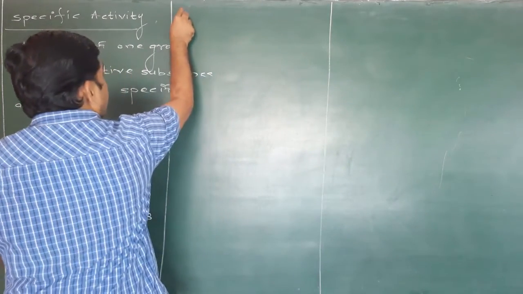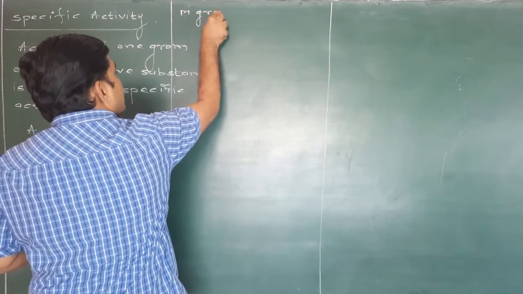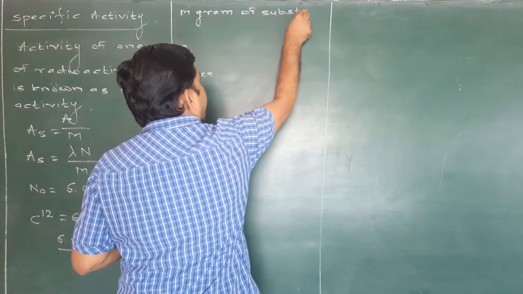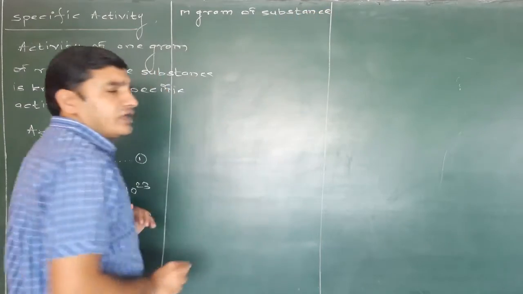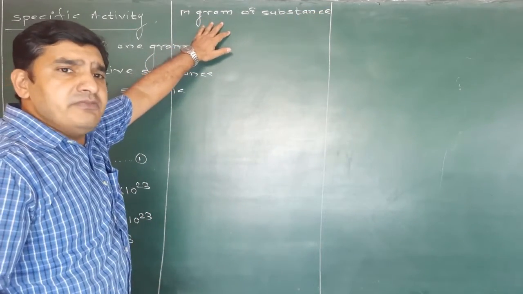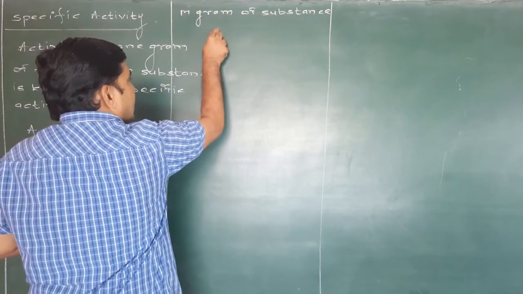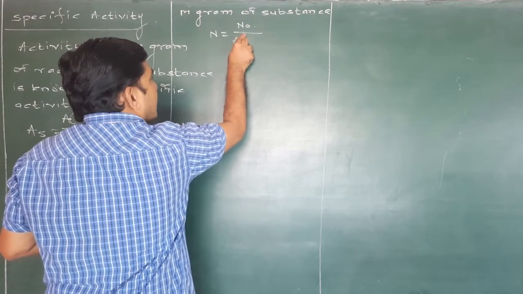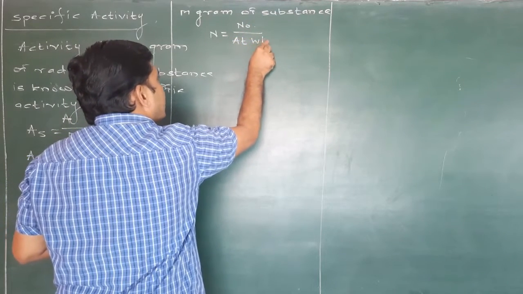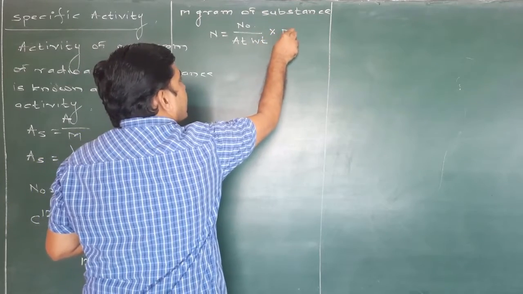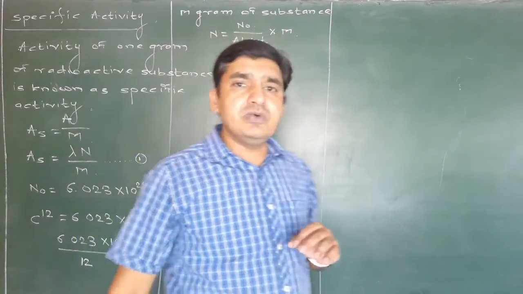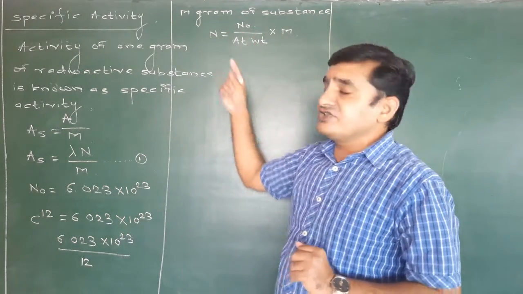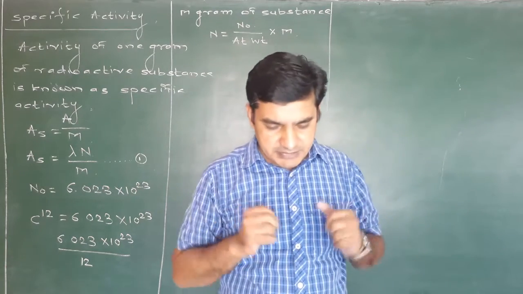The number of atoms in m gram of a substance is N is equal to N0 divided by atomic weight, or simply molecular weight, into M. M gram of a substance consists of this number of atoms.